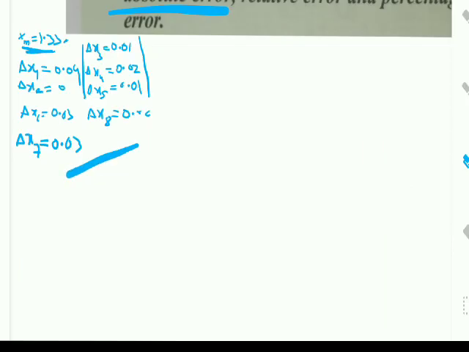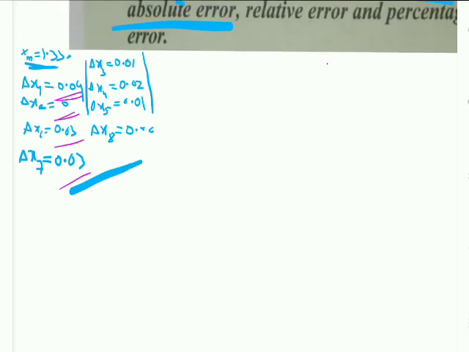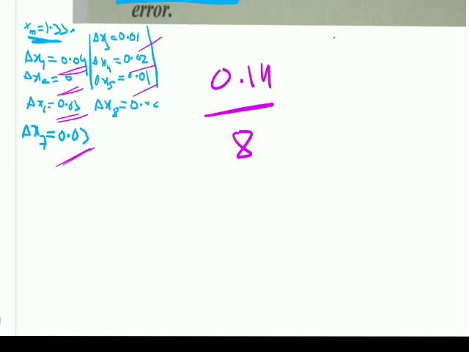Adding all these values: 4 plus 0, 4 plus 3, 7 plus 3, 10 plus 1, 11 plus 2, 13 plus 1, 14. So 0.0, 1.